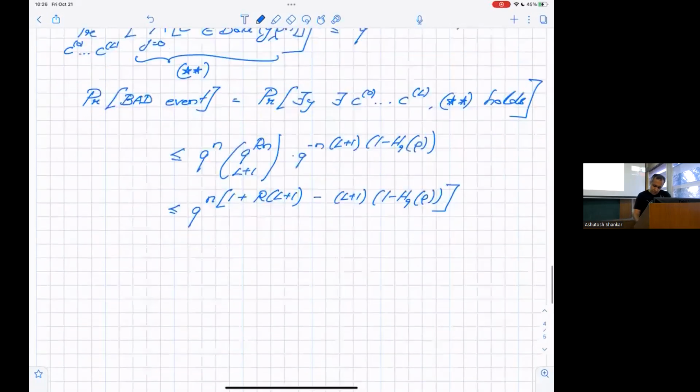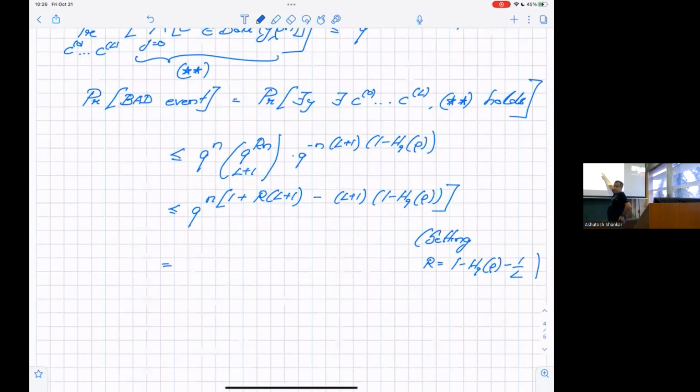Now if we set R equals 1 minus H_q(rho) minus 1 by L, what will it turn out to be?